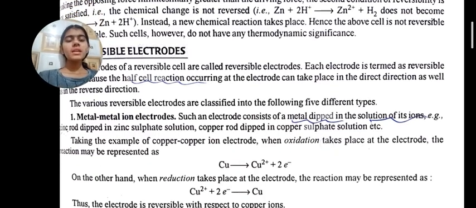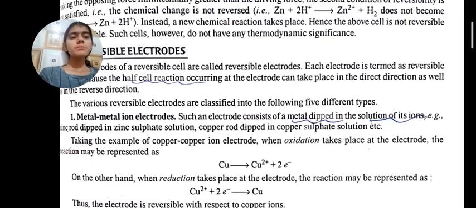First, metal ion electrodes. Such an electrode consists of a metal dipped in the solution of its ions, that is, zinc rod dipped in zinc sulfate solution, copper rod dipped in copper sulfate solution, etc. Taking the example of copper ion electrode, when oxidation takes place at the electrode, the reaction may be represented as Cu goes to Cu2+ plus 2 electrons.